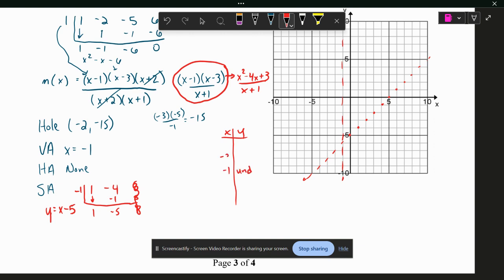I can plug in a point from each of these sides. I can plug in 2 points if I want to. And I can plug them into my shortened, my x minus 1, x minus 3 over x plus 1. So if I plug in negative 2, this is where my hole should be.